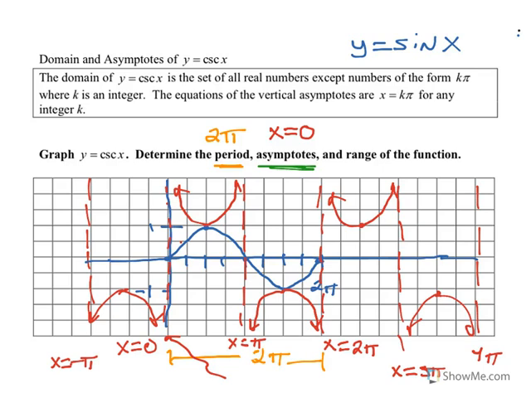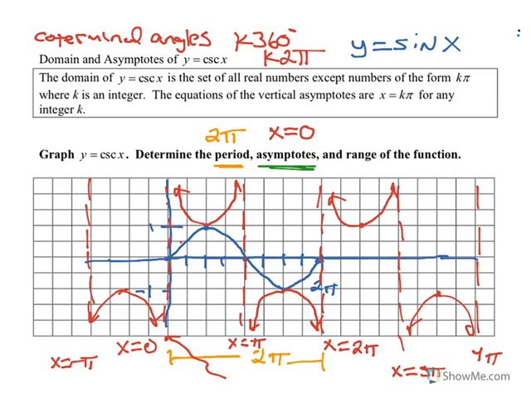So if you remember coterminal angles, we would often say they're multiples of 360 or multiples of 2 pi if you're in radians.